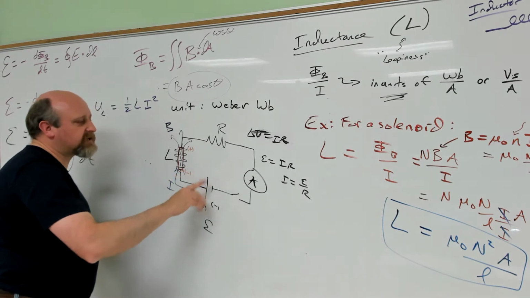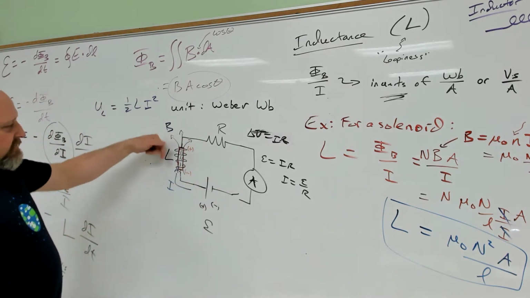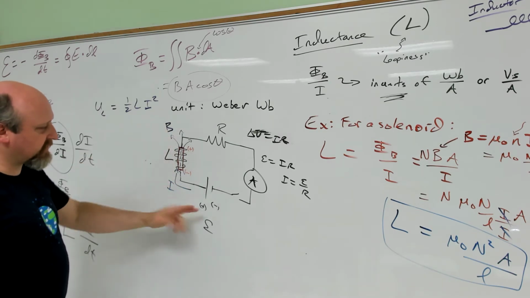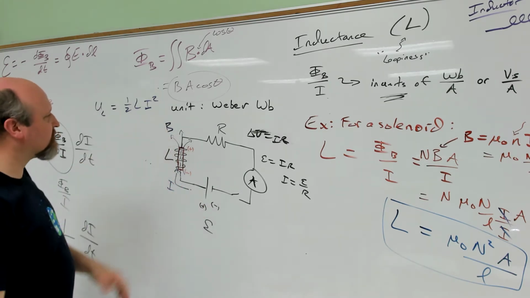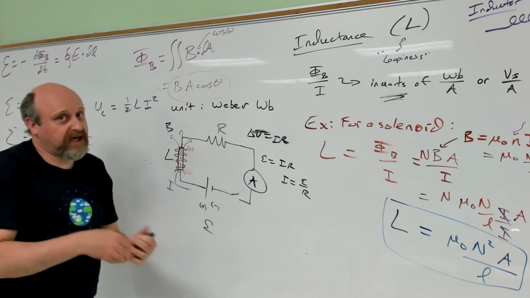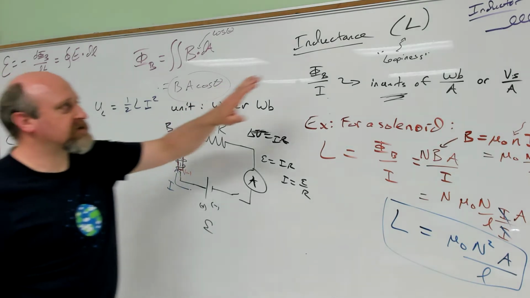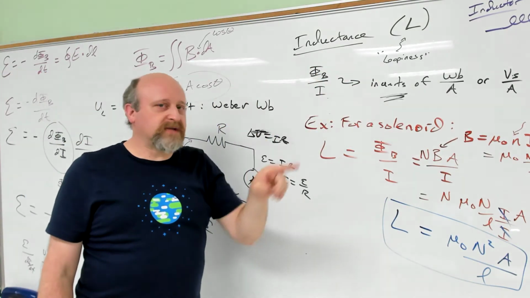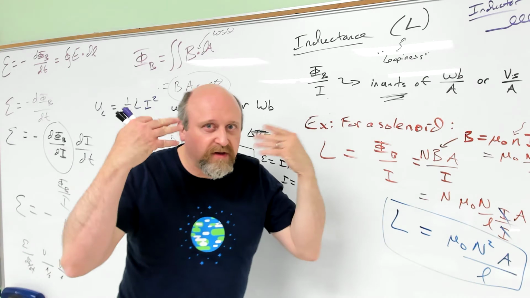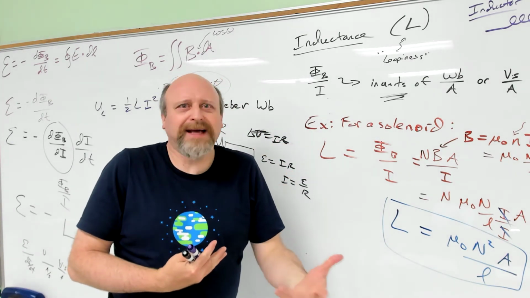And so not as much current will flow through the rest of the circuit. It acts like it's making a voltage, a back EMF, that fights against the voltage making the current flow. It makes the current have to build up from its starting value, so it can't just jump values. That's the effect that inductance has. People sometimes think of inductance as being kind of like inertia, this weird magnetic inertia.